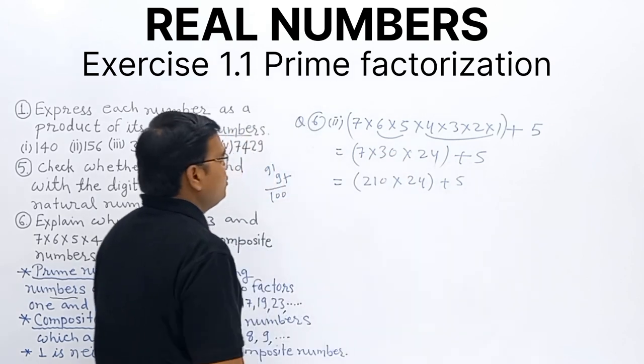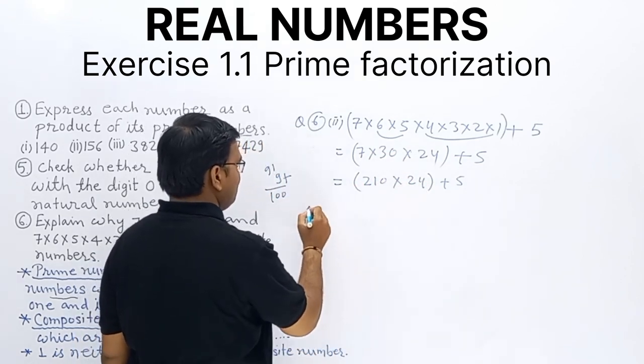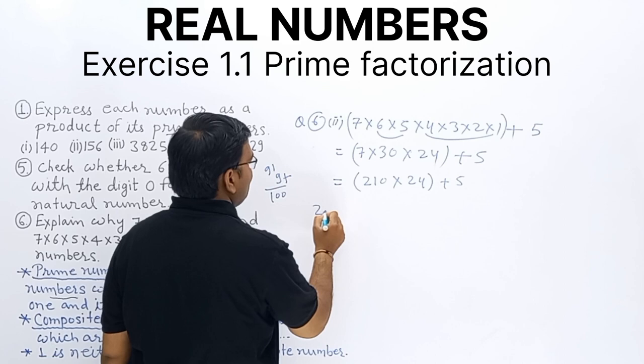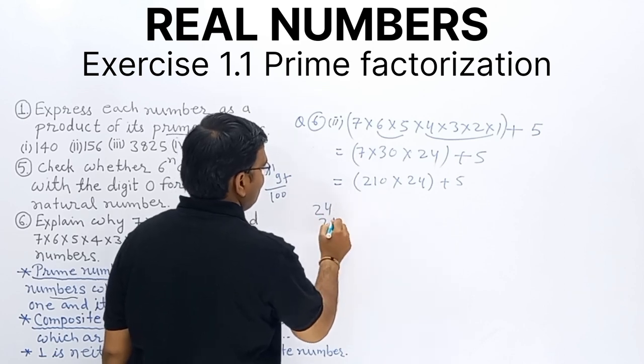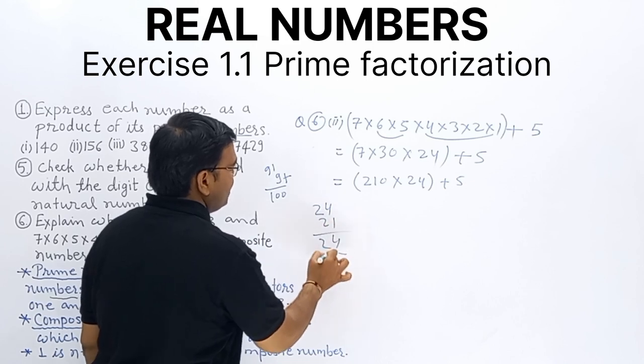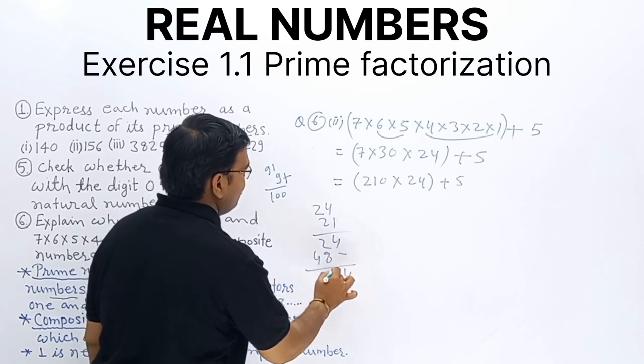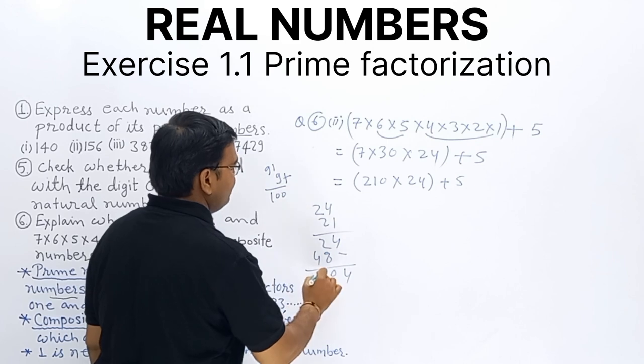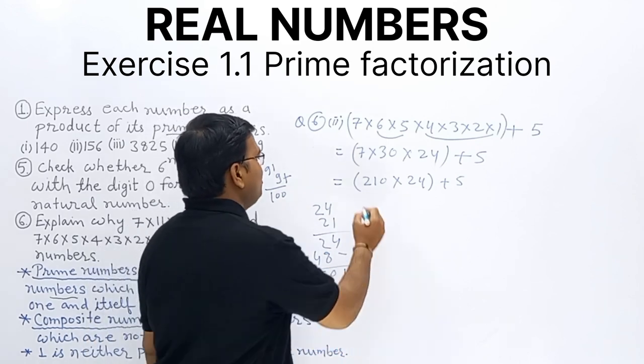Now do this multiplication. To multiply 24 into 21, we will put 0 directly. 4 twos are 8, 2 fours are 8, 10, 0, 1, 5, and put 0.